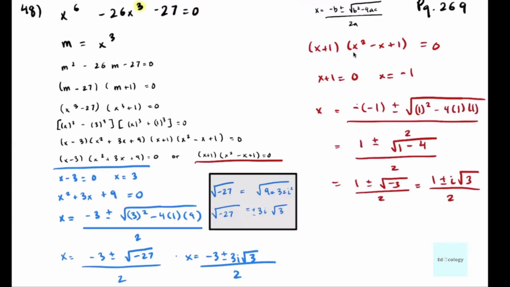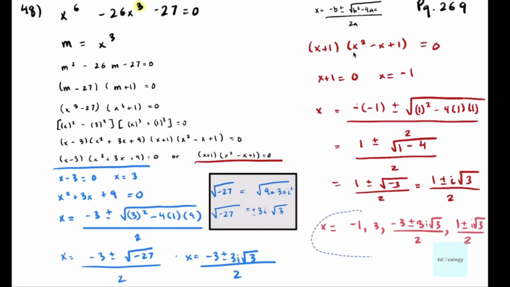And all these that I'm going to write down here at the bottom, let us use a different color. All these are solutions. So negative 1 is a solution, 3 is a solution, negative 3 plus or minus 3i radical 3 over 2 is a solution, and 1 plus or minus i radical 3 over 2 is a solution.